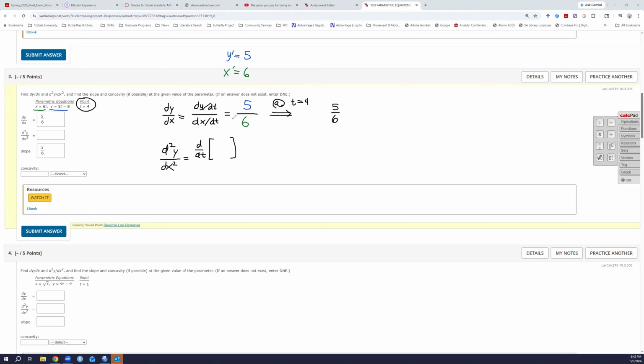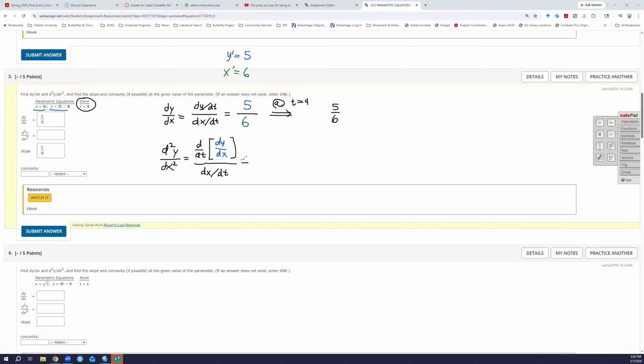So we can write that as dy dx here. And then the denominator is going to remain that dx dt. Okay.